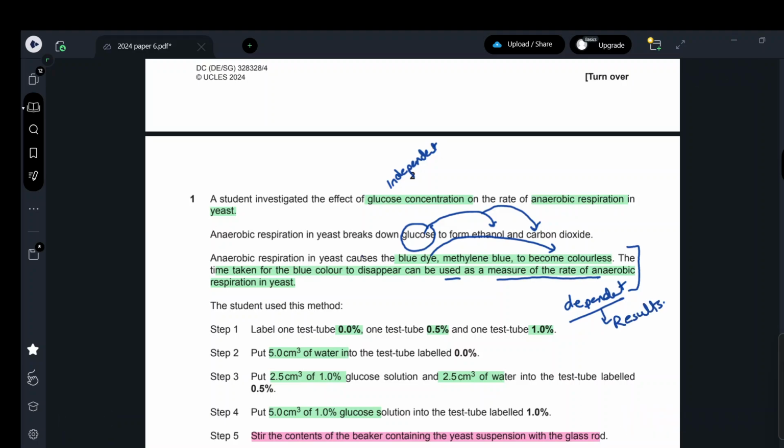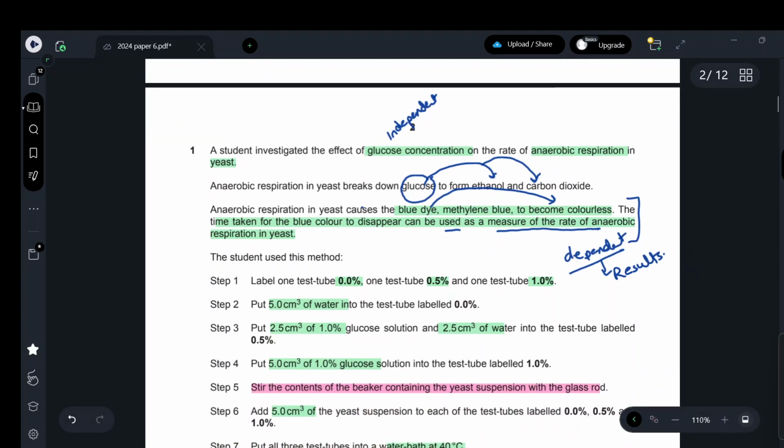Okay? The student used this method. Label one test tube 0.0%, 0.5%, and 1%. These are the three glucose concentrations I'm going to use. Put 5 cubic centimeter of water into test tube 0. I only put water here because I'm not putting any glucose, just water in this test tube.